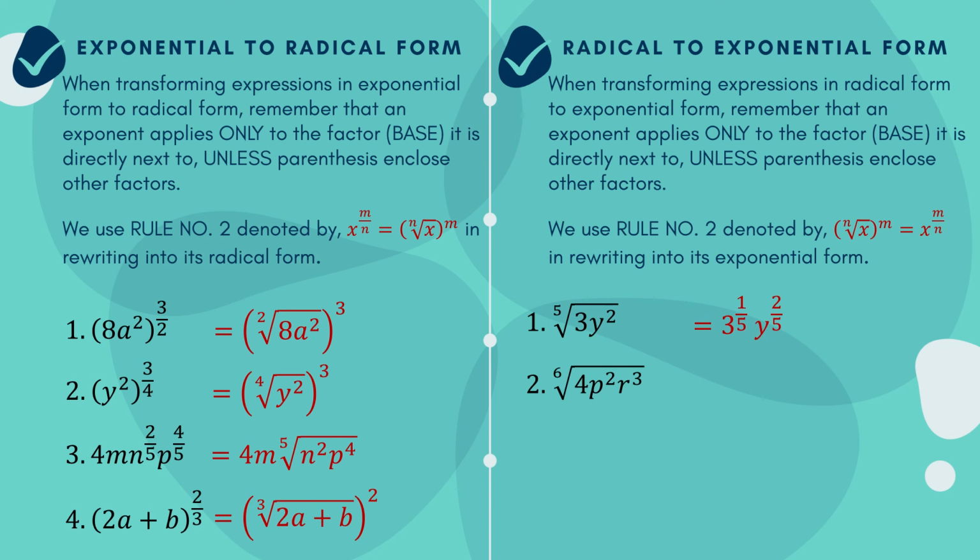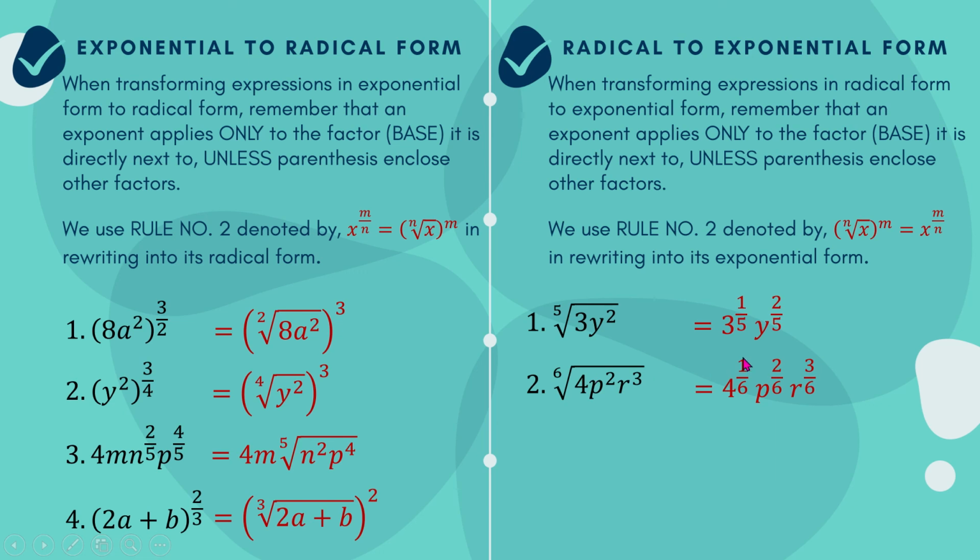Next, number 2. We read this one as 6th root of 4p squared r cubed. So, exponent sa r kay 3, exponent sa p kay 2, exponent sa 4, imaginary 1. Ang ilahang common denominator or index is 6. So, inig re-write ang 4 doon exponent 1 over 6 kay ang imaginary 1 man ang exponent sa 4.